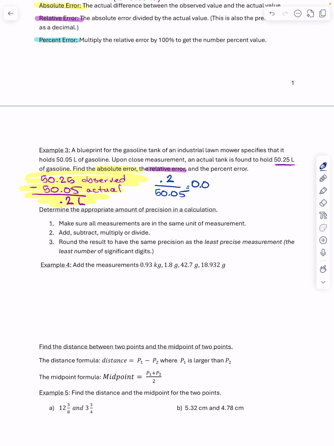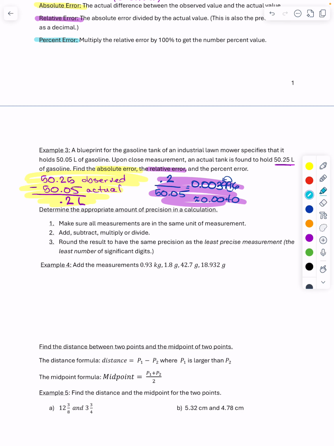We get 0.003996. I'm going to go that far even though I'm going to round, probably to 4 places. Let's go to 4 places. 0.0039, but the 9 behind it rounds this up. So 0.0040. There is our relative error.